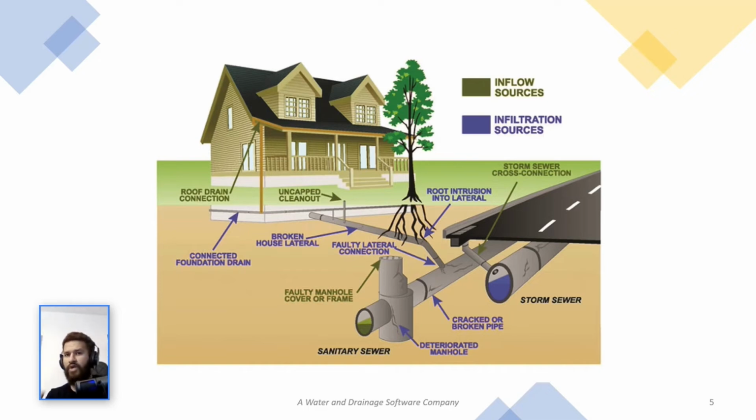So many times we're having, let's say, some trees, some plants, and then the trees' roots are going to cause some fractures or some damage to the lateral of our sanitary sewer system.